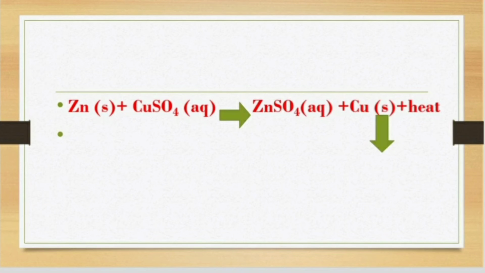Now this is the chemical equation, that is zinc plus copper sulfate gives zinc sulfate plus copper plus heat. Here copper is the precipitate formed, that is in solid, and we can see copper sulfate and zinc sulfate both are aqueous solutions. Now the arrow is given in downward direction showing precipitate.